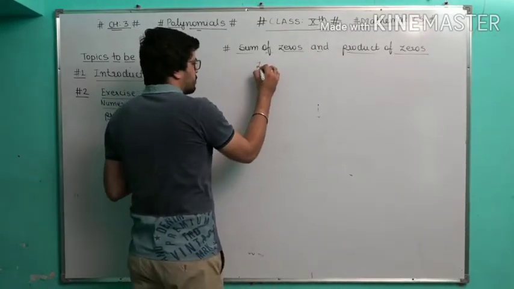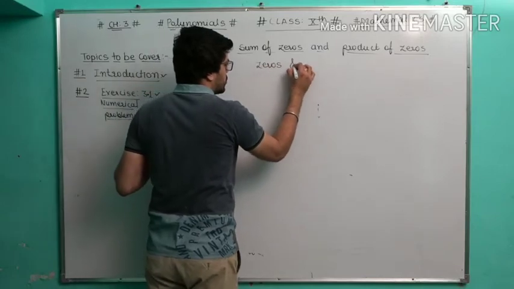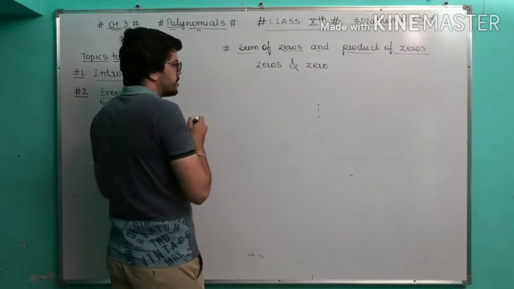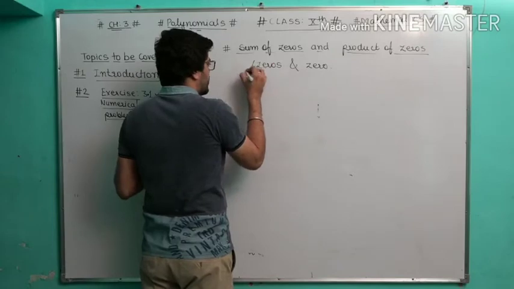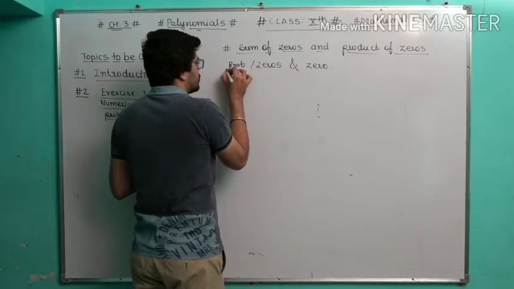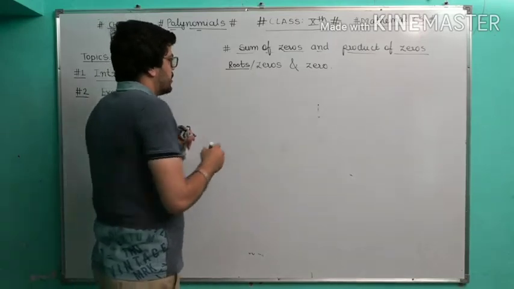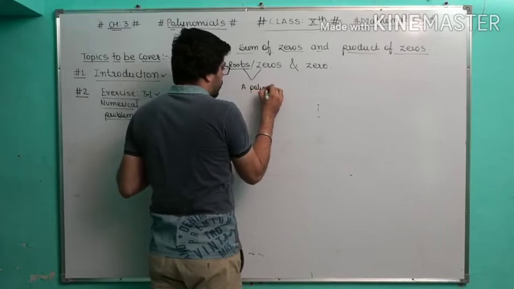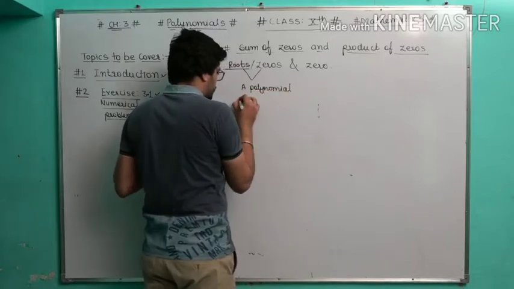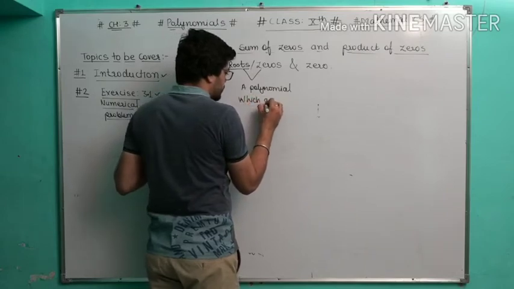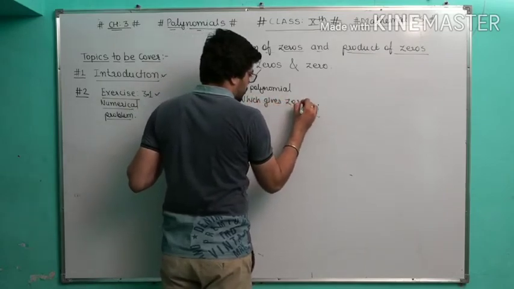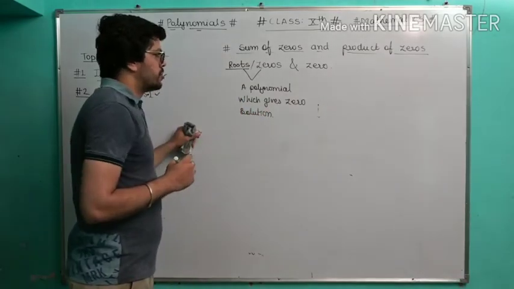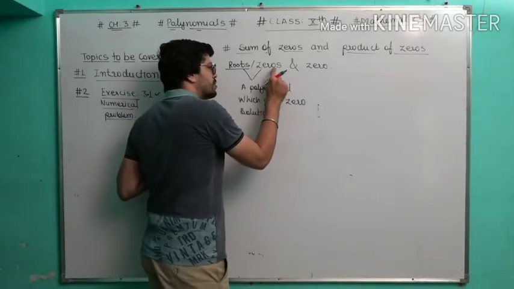So let's try to understand first what we mean by zeros and zero. Zeros means, you can also say, roots. Zeros means a polynomial which gives a zero solution. It is called zeros, as for solution, zero solution.